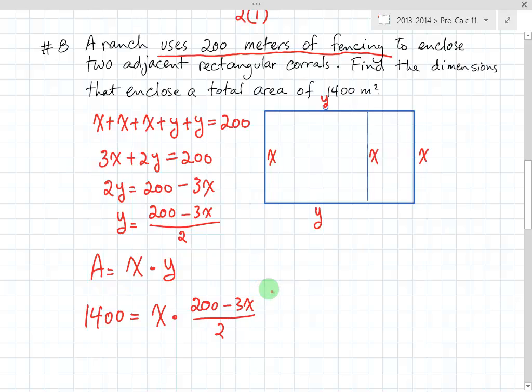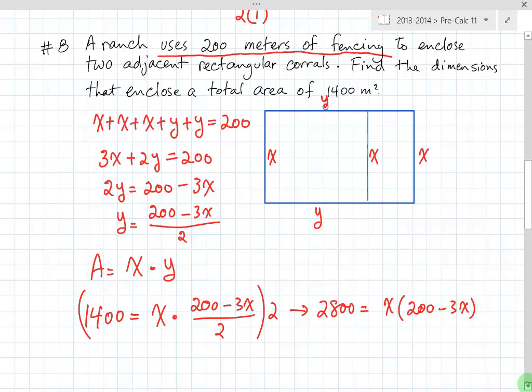I'm going to multiply both sides of this equation by 2 to get rid of this division by 2. Something that we've done with rational equations before, right? If I multiply the other side by 2, I get 2,800. If I multiply this side by 2, it cancels this division by 2, right? So this becomes x times (200 minus 3x).